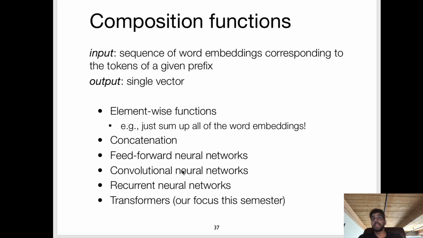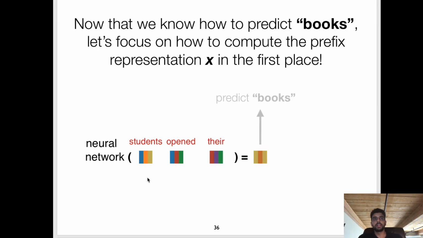So there are many different ways you can implement this neural network. In your homework, we look at element-wise addition, which means given these three vector representations, I'm just going to add them up element-wise.